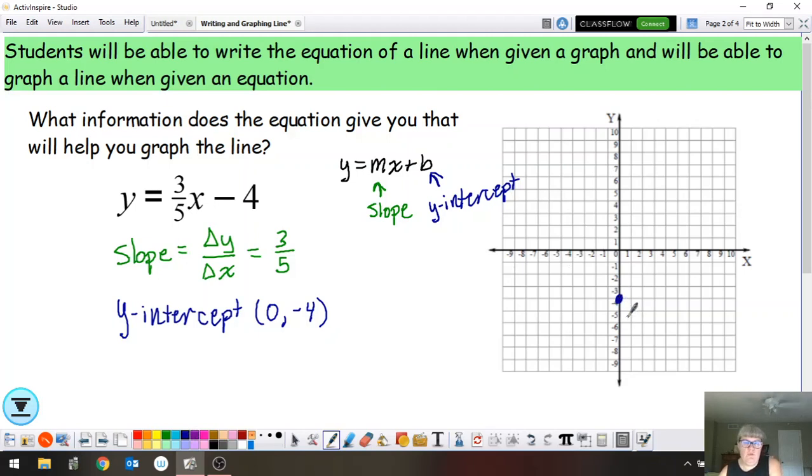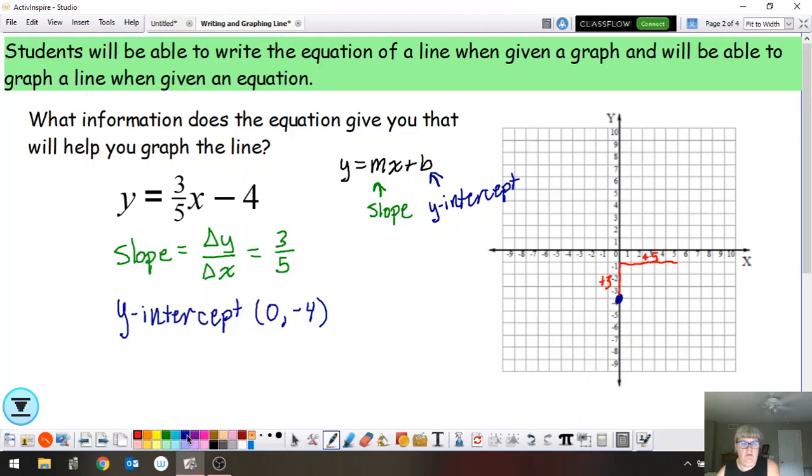And I know that my rate of change, my delta y over delta x, is 3/5. And it doesn't matter which point I start at on my line, that's my rate of change all the time. So if I start with my y-intercept, which is a point on my line, and I count 1, 2, 3 for my change in y, and then we have a positive change for the horizontal, 1, 2, 3, 4, 5.